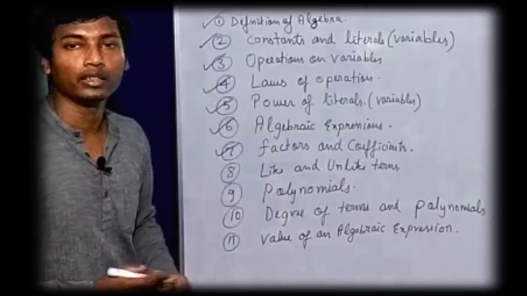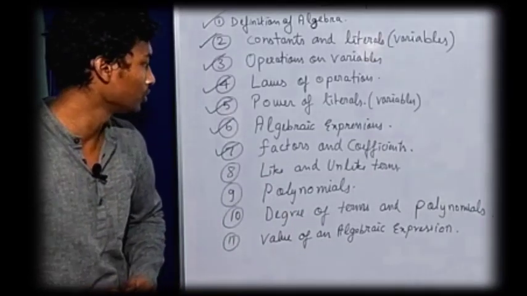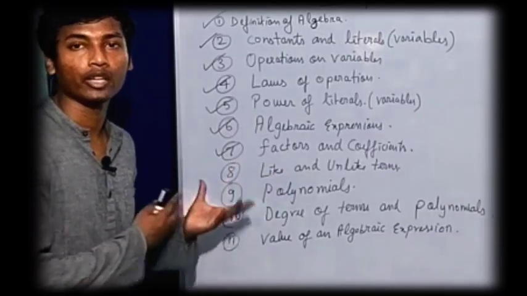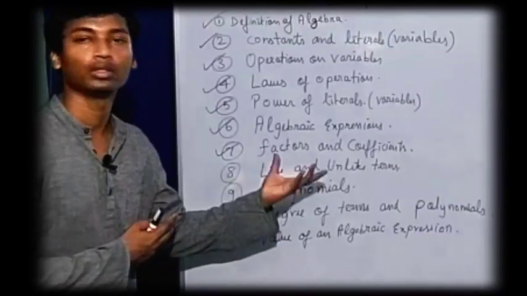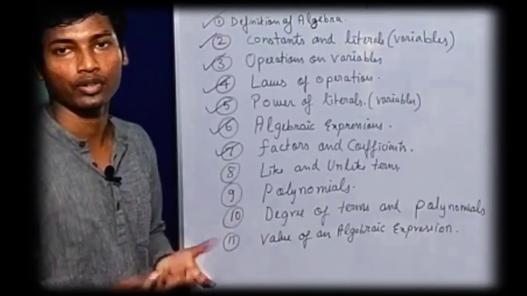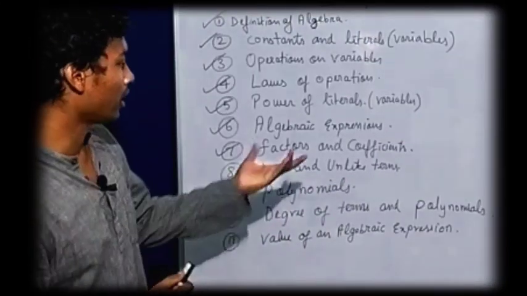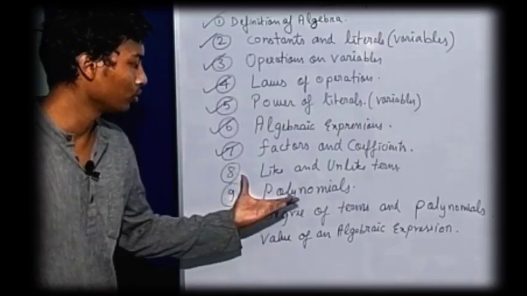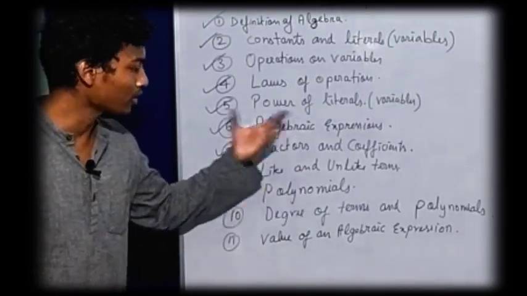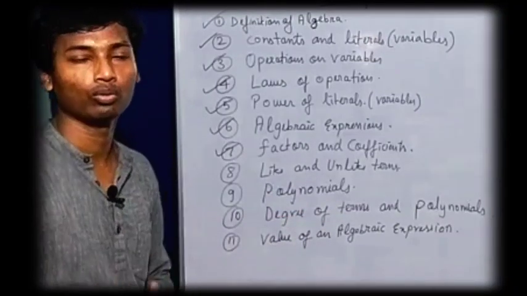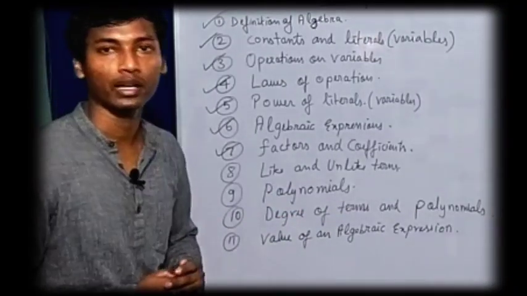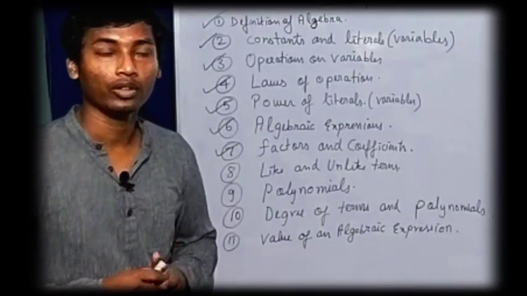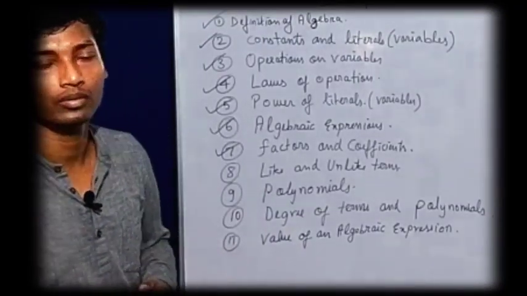Like and unlike terms. The terms having the same variable part are the like terms. The terms that do not have the same variable part are the unlike terms. Polynomials. For an algebraic expression to be a polynomial, it has to satisfy one condition, that the variable exponent or the index cannot be negative, right?